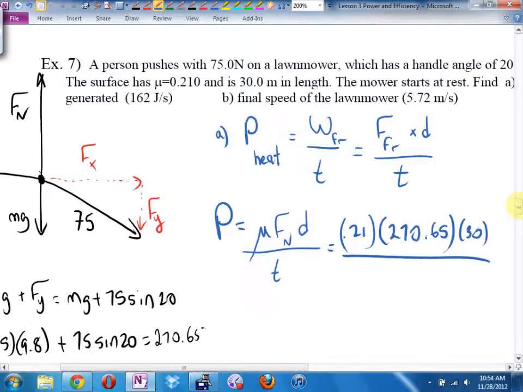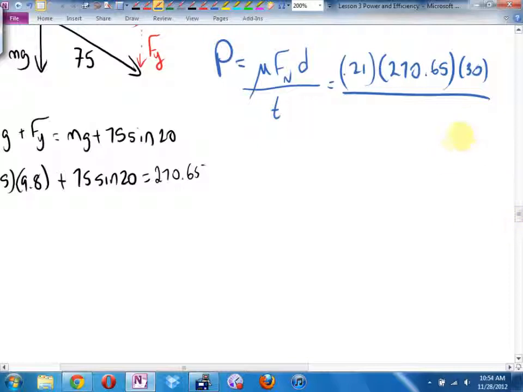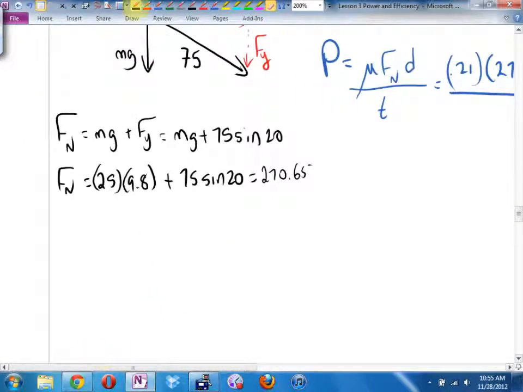Okay. I can do time over here on the left. For time, I can say t equals, I don't know. They did tell me we start at rest, yes? And I know the distance is, how far are we traveling? 30? If I can find that, we're good to go. I can find t. In fact, it's going to be the same thing we just did. Megan's bursting to say time is going to be 2 times d divided by a, square root of that whole thing. Yes, she is right.